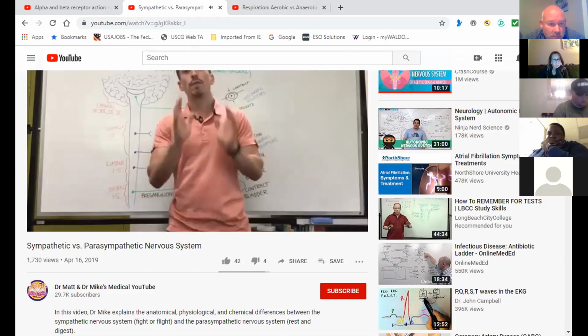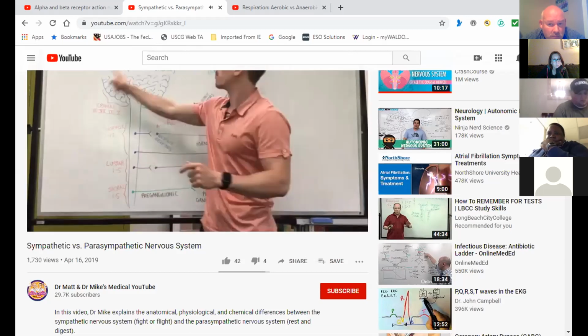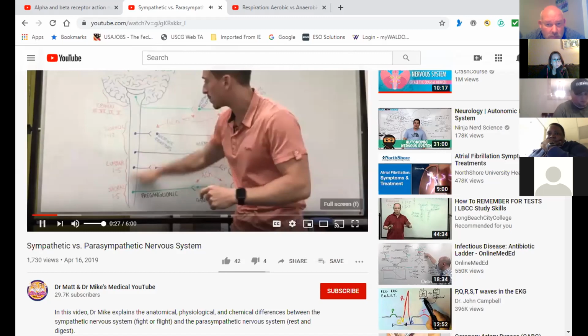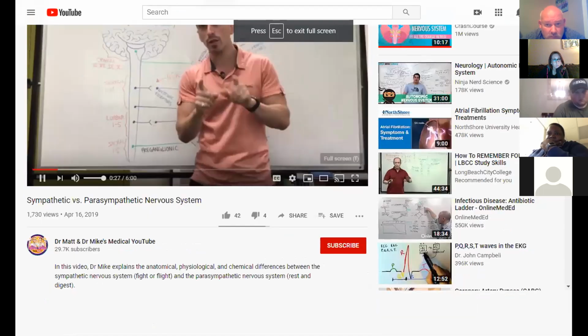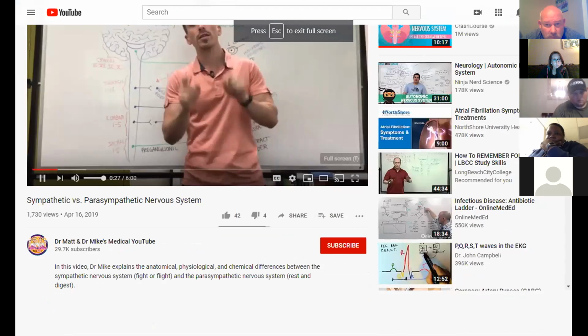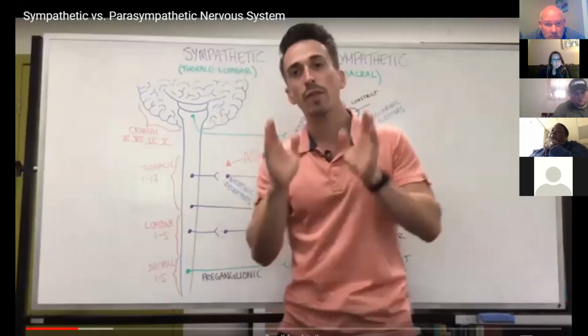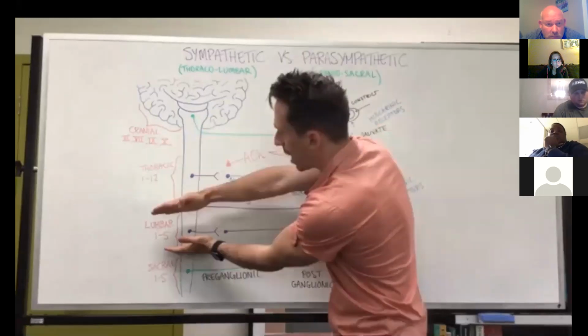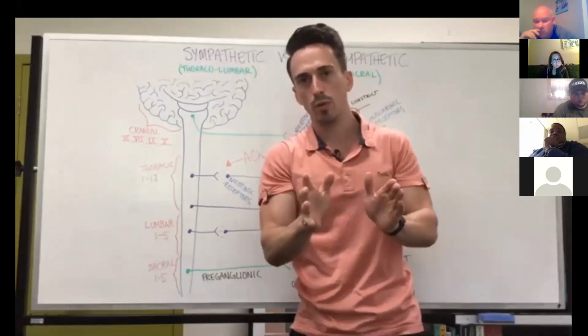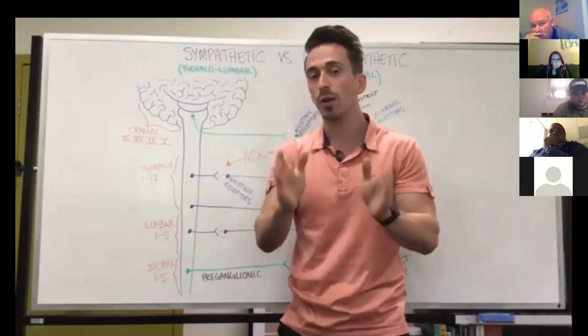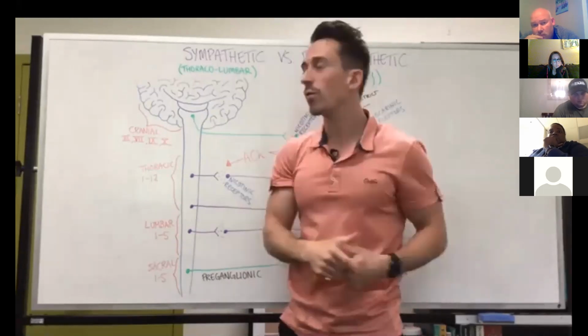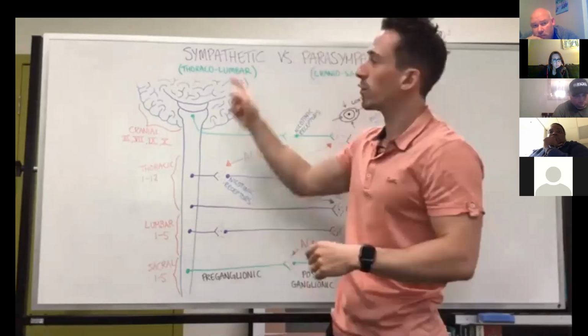All right, first thing is when we look at the brain, brainstem, and spinal cord, if we just focus on the sympathetic nervous system, you'll find that all the fibers for the sympathetic nervous system that leave the spinal cord will leave at either the thoracic or lumbar regions. Only those two particular regions. This is another reason why the sympathetic nervous system is also called the thoracolumbar system.